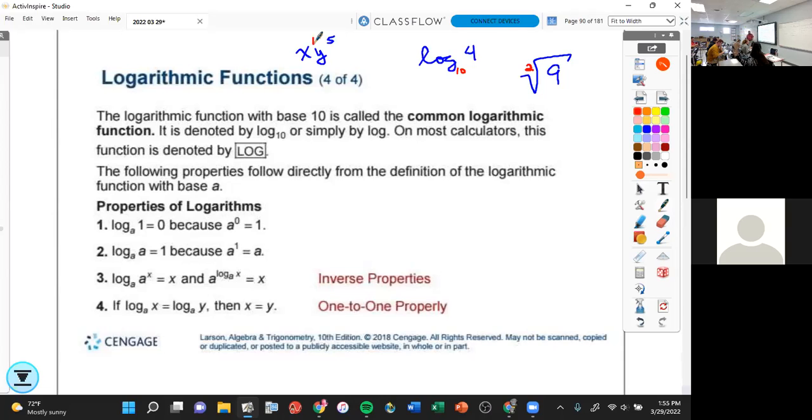Here are some properties of logarithms. Log base a of 1 is equal to 0 because a to the 0 power is 1. Log base a of a is 1 because a to the 1st power is a. Log base a of a to the x power is x, because a to the log base a of x is equal to x. Because logarithms cancel out.